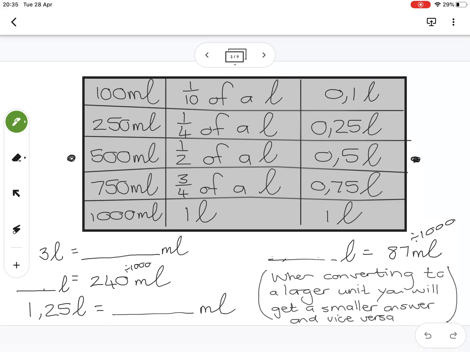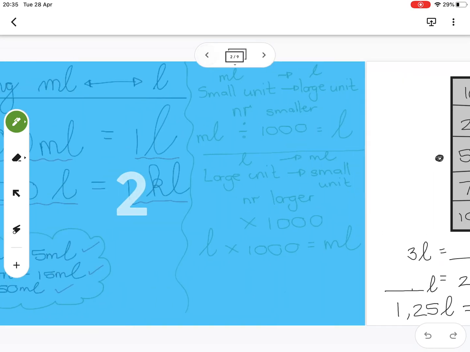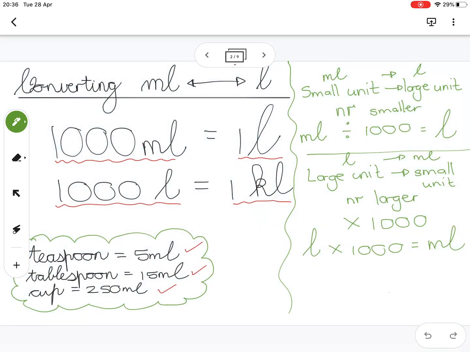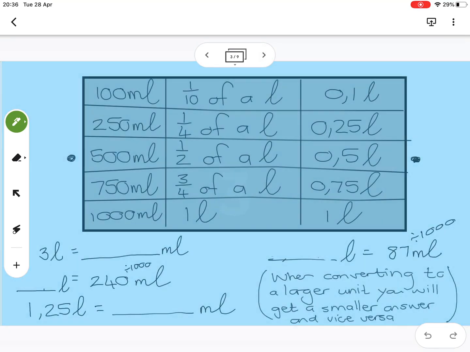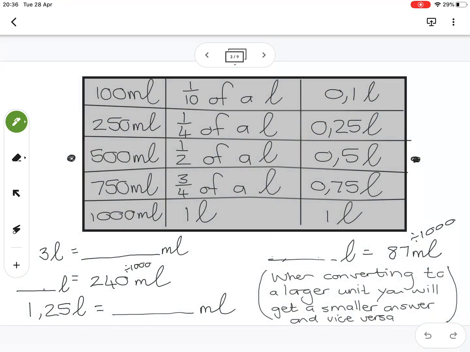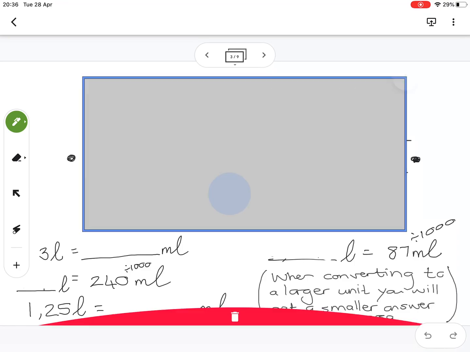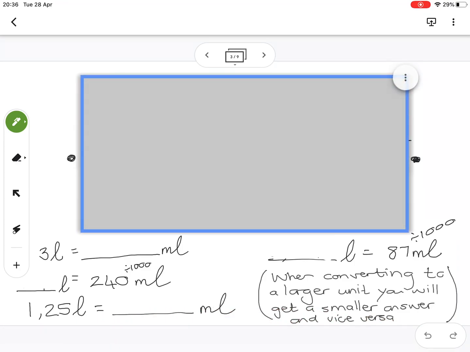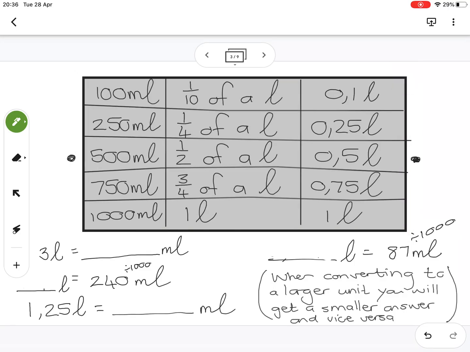Right, I want you guys to pause and copy this table into your workbook along with these notes on converting. This table is work that you have to memorize in order to just make it easy for you to remember how to convert.